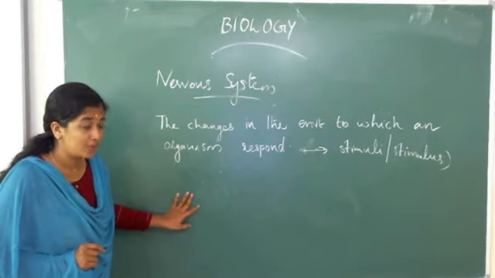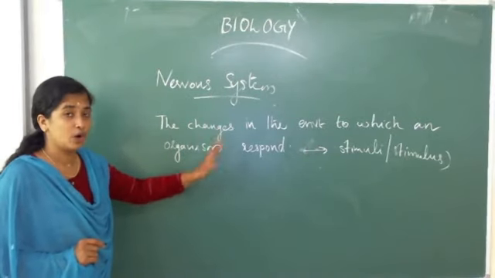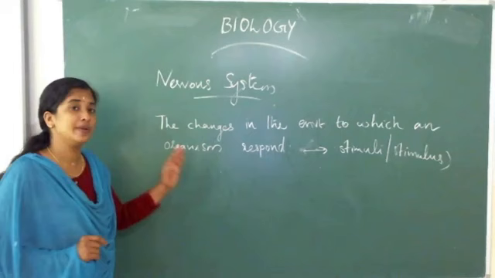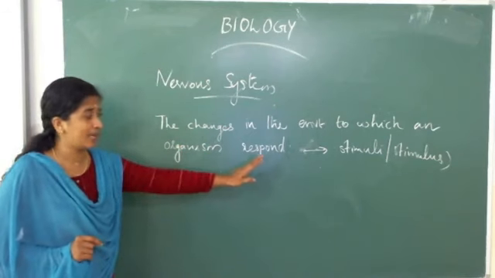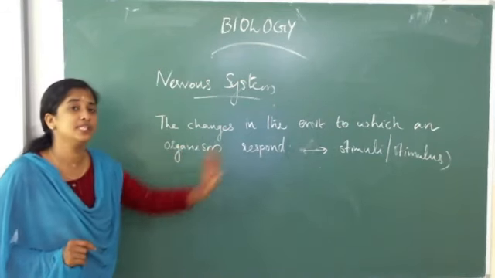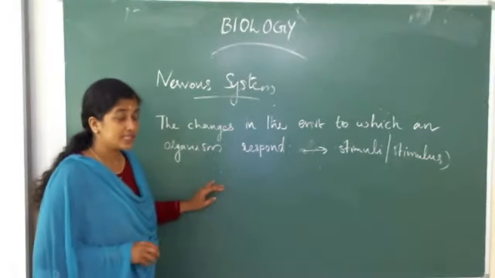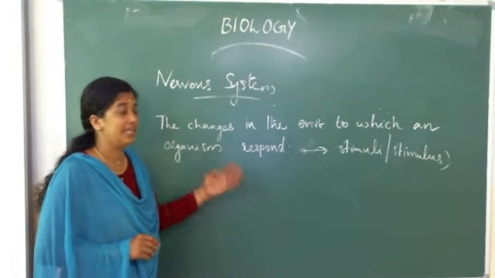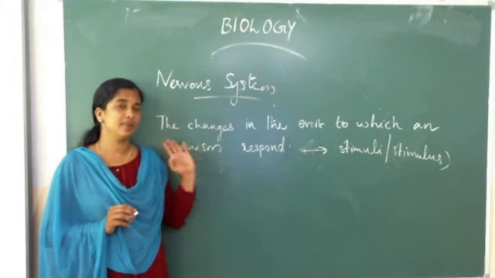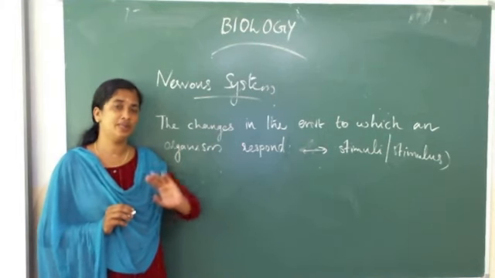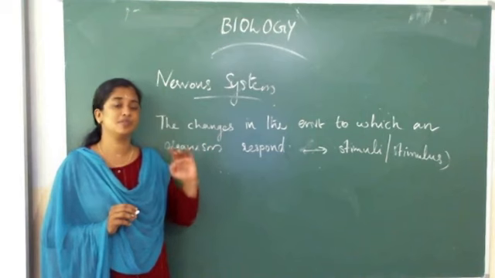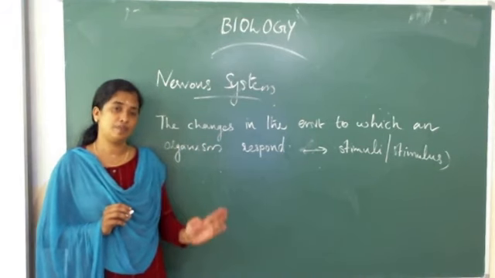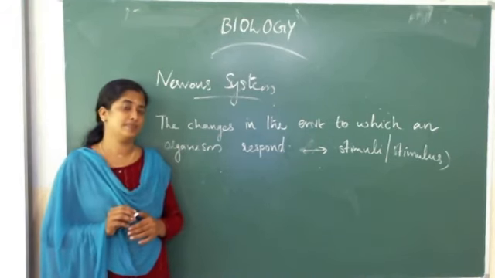So what is a stimulus? The changes in the environment to which an organism responds. That is stimuli, and the singular form is stimulus. This stimulus may be heat, cold, etc. Both plants and animals respond to stimuli, but the method of response is different in plants and animals.